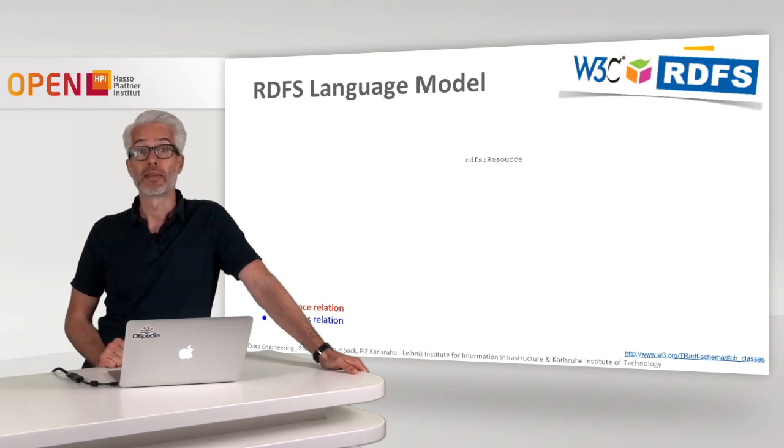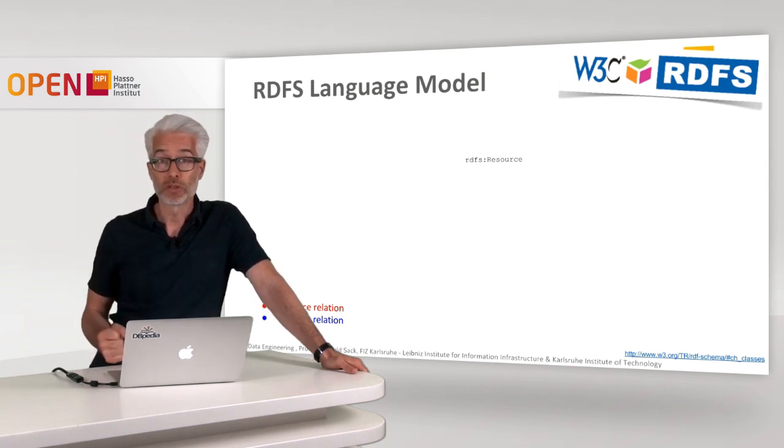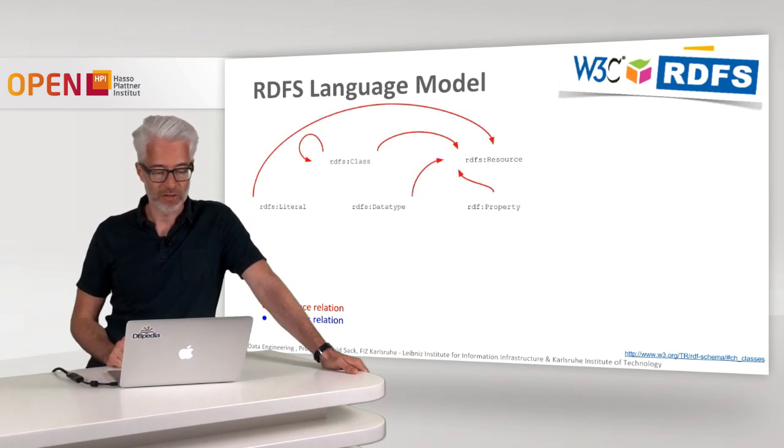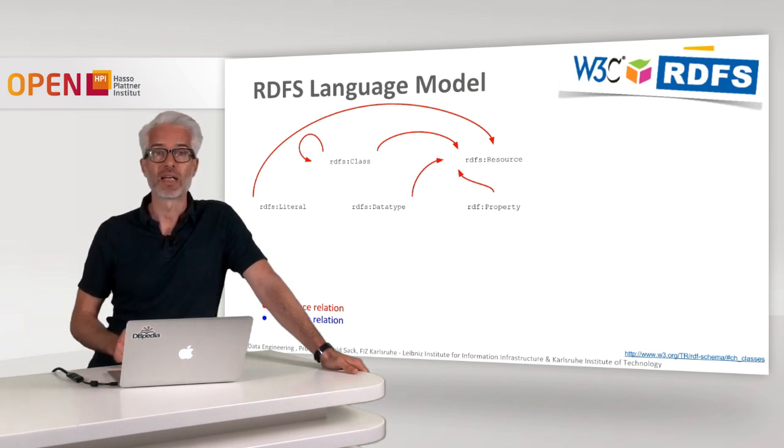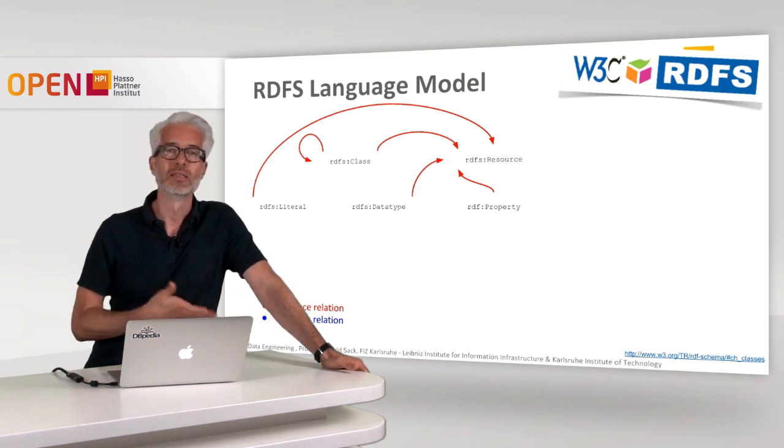Let's have a look at the RDFS language model as a whole. We start with an RDFS resource because this is the most general class that is there. We have said everything is a resource. You see here the red arcs always indicate instance relationships, which means here we have an RDFS class, and a class, of course, is a resource. We have an RDFS literal, this is a resource.